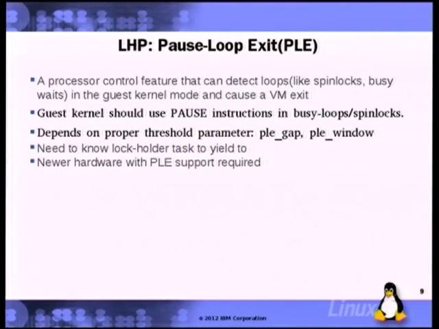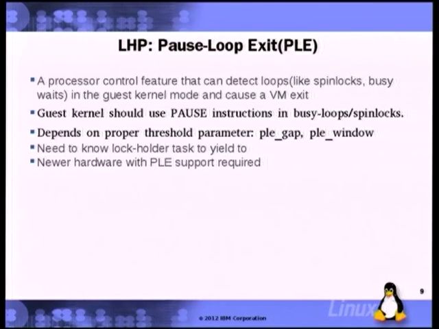So there are solutions to this problem. I would be talking about different solutions that are at present there. One of them is pause loop exit. Pause loop exit is a processor control feature that can detect loops, something like spin locks, busy waits in the guest kernel, and it can cause a VM exit.